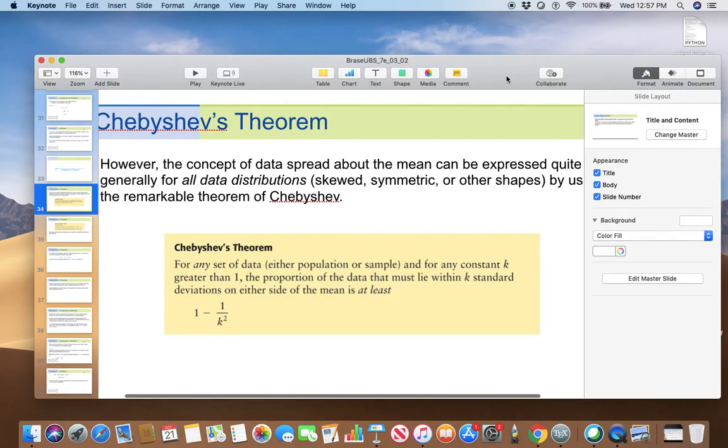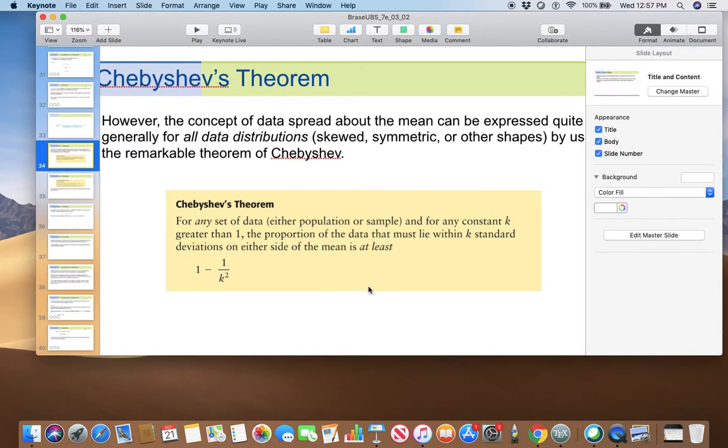So what this says is, even if you are skewed, you know the mean. Suppose you are given any constant k greater than 1. The proportion of data that must lie within k standard deviations on either side of the mean is at least 1 minus 1 over k squared.